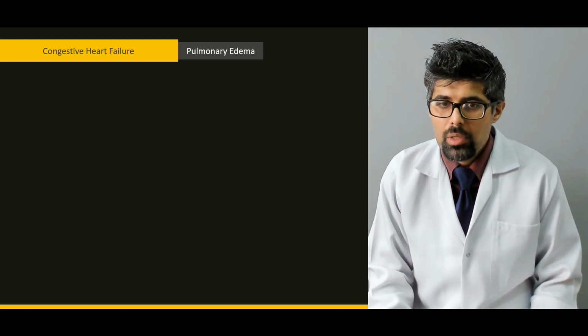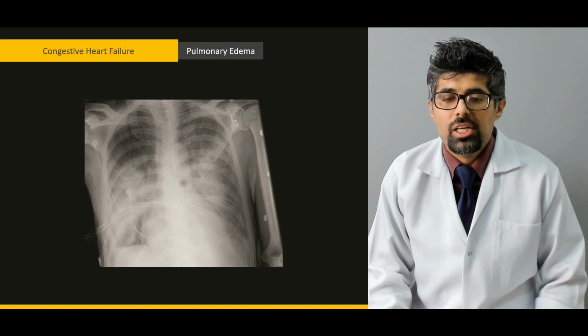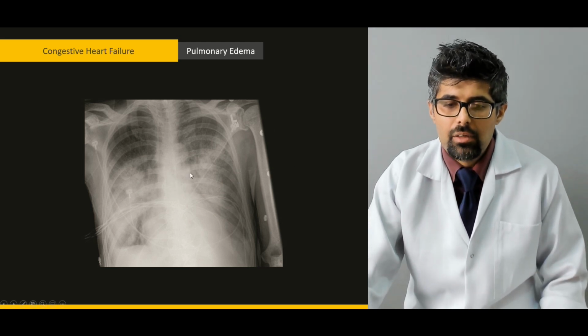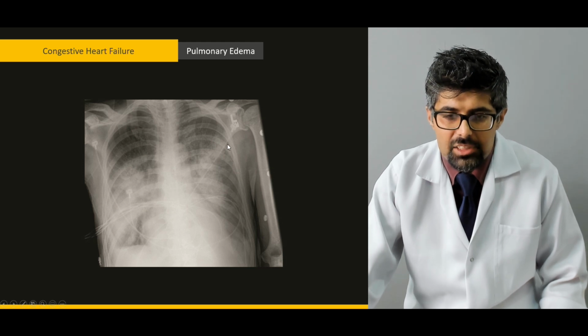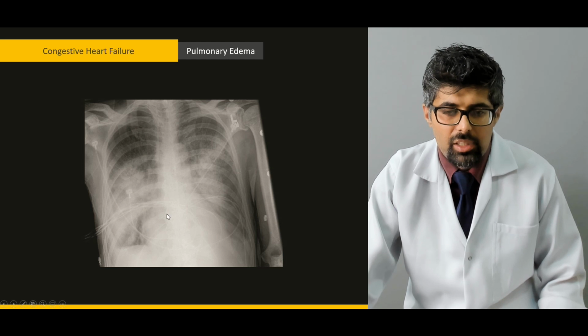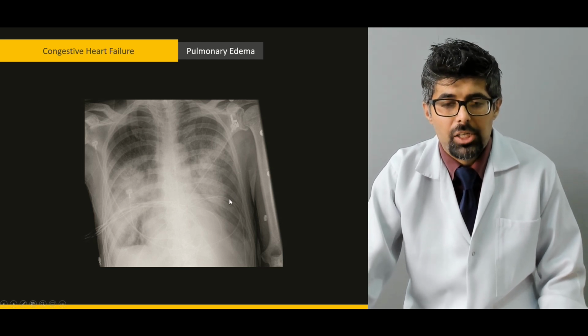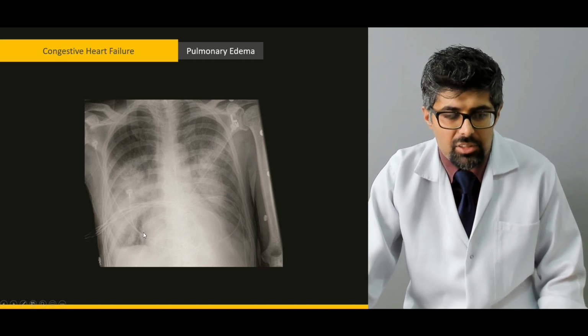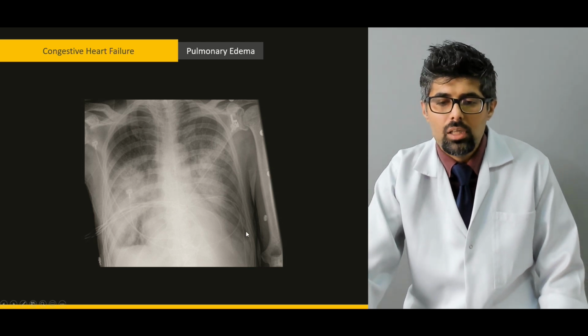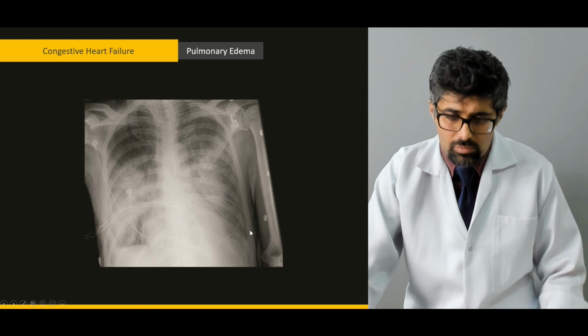Another pathognomonic feature of congestive heart failure is pulmonary edema. But this pulmonary edema has a very peculiar shape, as you can see here. This haziness on the left and on the right is due to pulmonary edema, but this is centralized. It is not peripheral, it is not apical, it is not inferior.